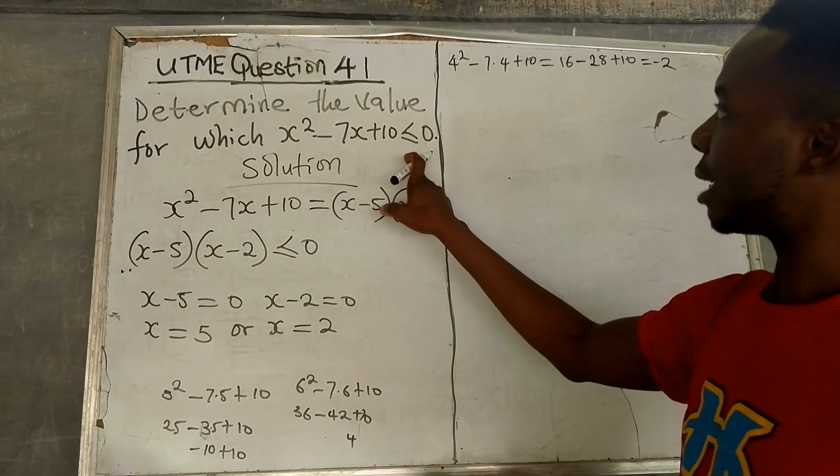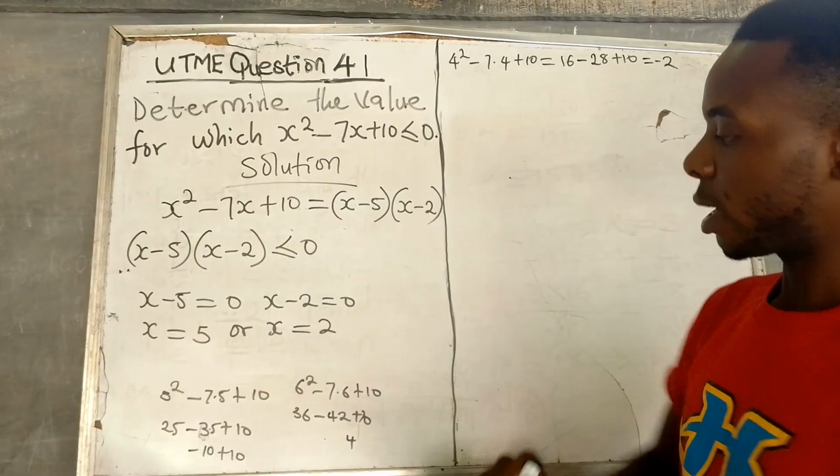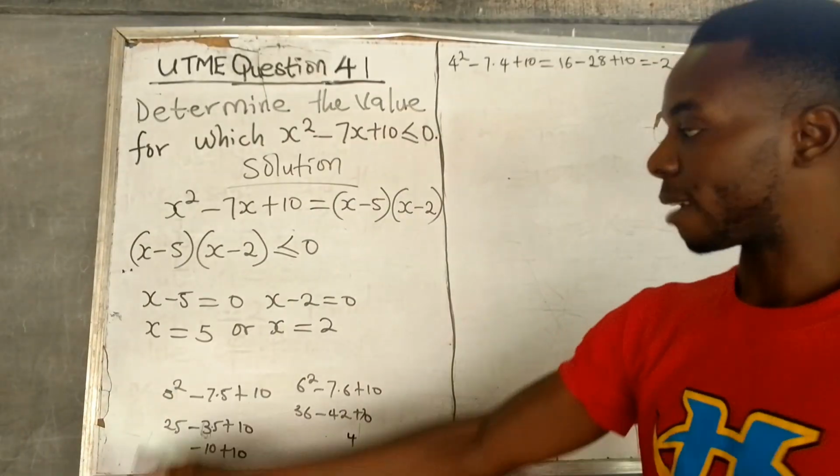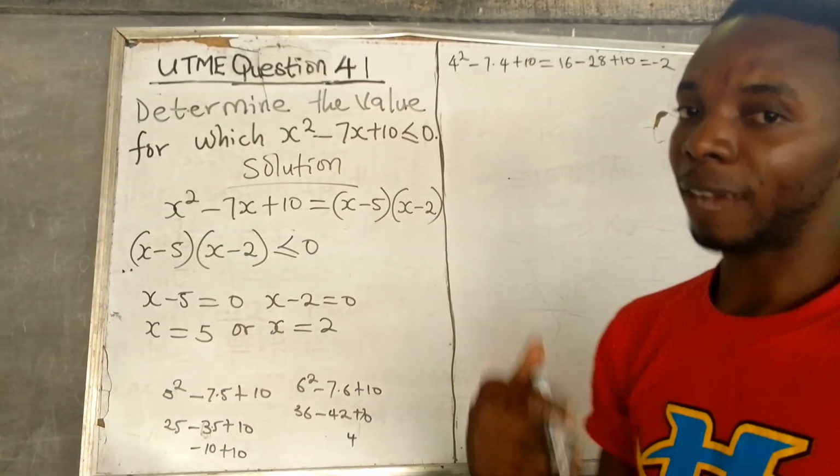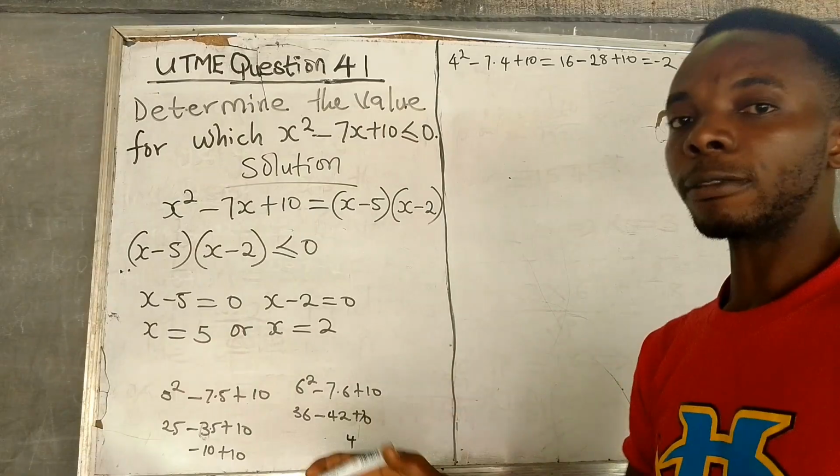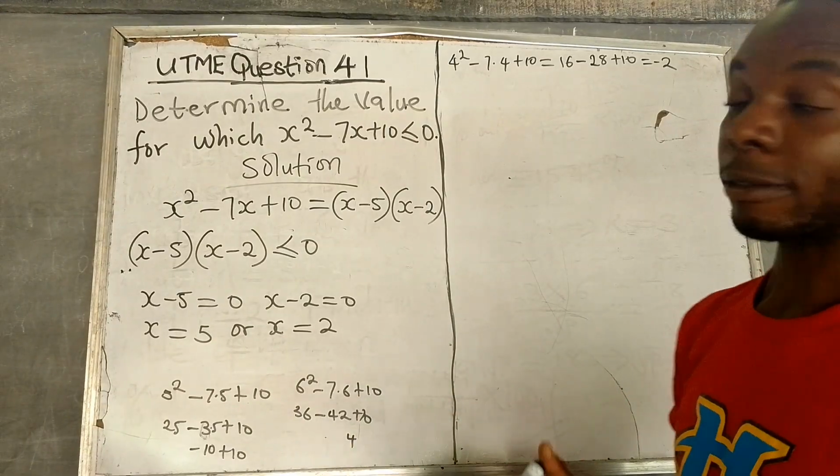So minus 2 is less than 0. So the value of x must be less than 5. It must be either 5 or less than 5. It cannot be greater than 5.